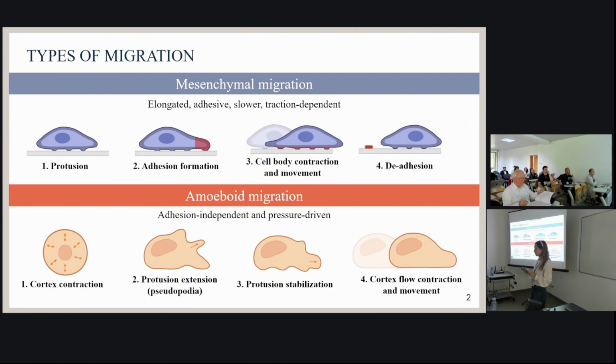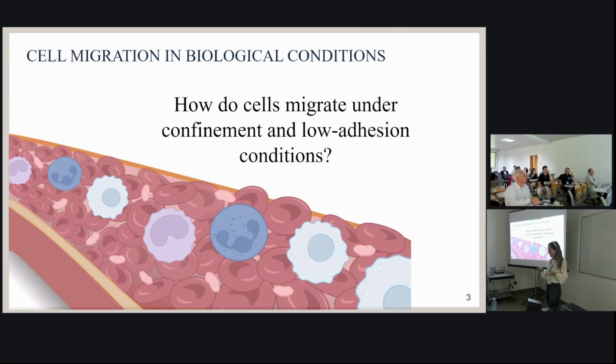However, there's a problem with these approaches: usually these types of studies are done in two-dimensional structures, usually in cell culture. And the problem is that in vivo we have vessels, we have interstitial pressure.